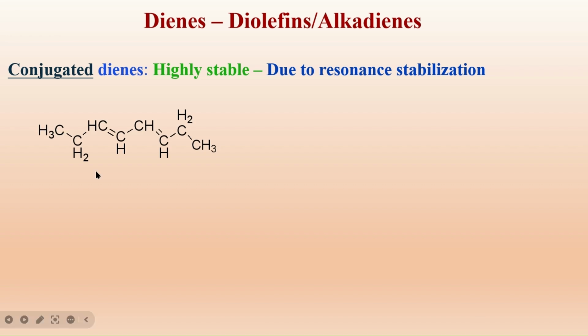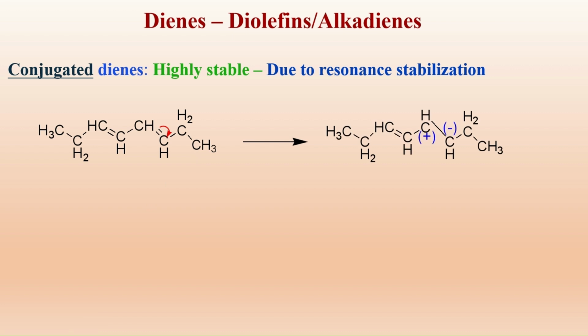I take a diene as an example. As the pi electrons overlap sideways, the pi electrons move towards one carbon, and once these electrons move towards this carbon, it becomes electron rich and gives rise to a carbanion, which I represented as minus, showing it is electron rich.